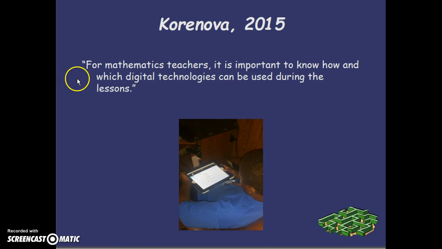This quote basically states that without the teacher's knowledge of mathematics, the students are not going to proceed and grow and learn from their use of the technology at all. If the teacher doesn't know how to use it, the student is not going to improve at all.